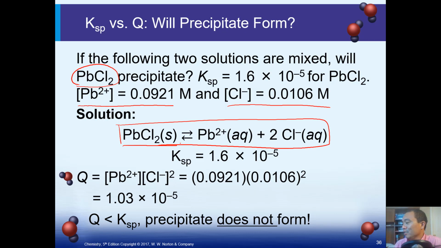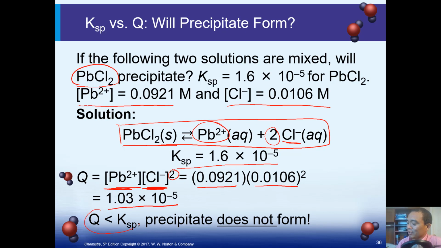You do know what the KSP is, that's the K. Your Q takes exactly the same format as K. That means the concentration of Pb2+ times the concentration of Cl- raised to the power 2, because you have a coefficient of 2 before Cl-. Substitute the current concentrations in for Q, then you find out what the Q value is.